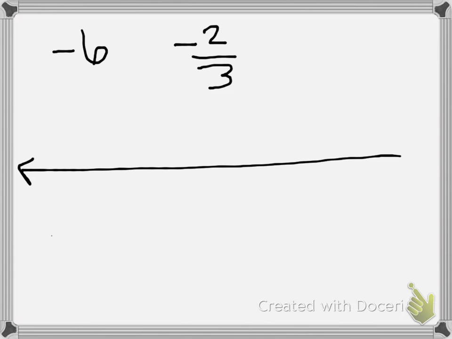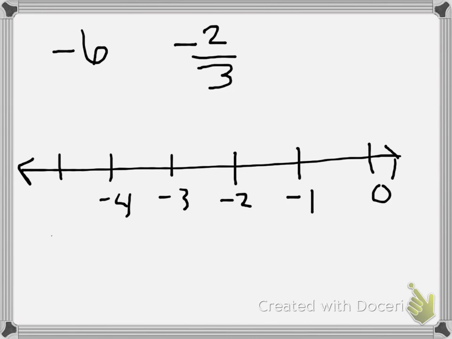Let's move into comparing -6 and -2/3. Again, if I draw my number line, I have 0 here, -1, -2, and so on up to -6 on the end. I'll draw that up top.